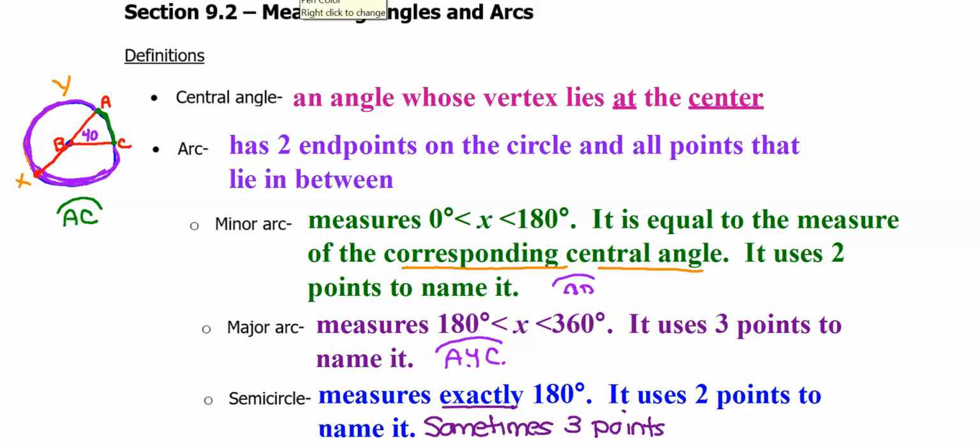So if I said arc AX, that would be the diameter. So that would be a semicircle. But using 3, I could also say A heading towards Y, ending up at X. That would be okay as well. The one you have to use 3 letters for is the major arc only.